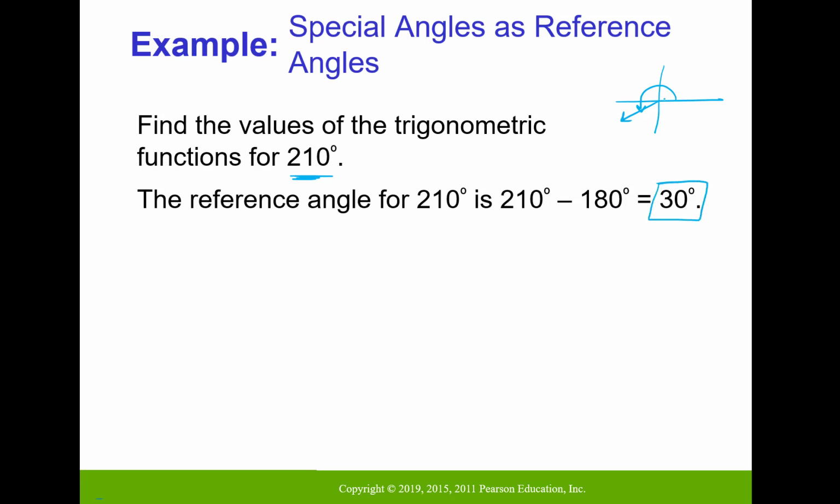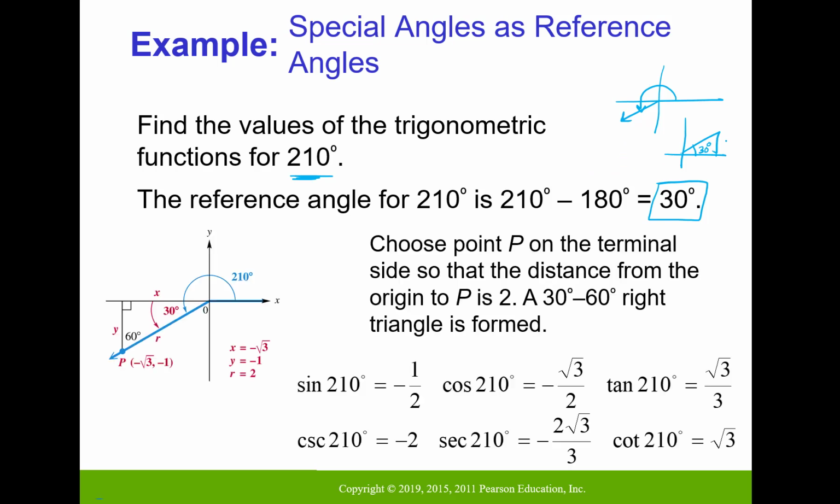So we're basically thinking about, okay, 30 degrees, that's how we would form our triangle in quadrant 1, and then we could have the sides of our triangle, and then we could find our 6 trig function values. So in quadrant 1, for 30 degrees, this would be 1 for the opposite side, it would be square root 3 for the adjacent side, and it would be 2 for the hypotenuse.